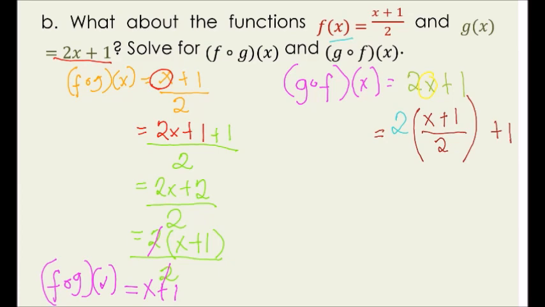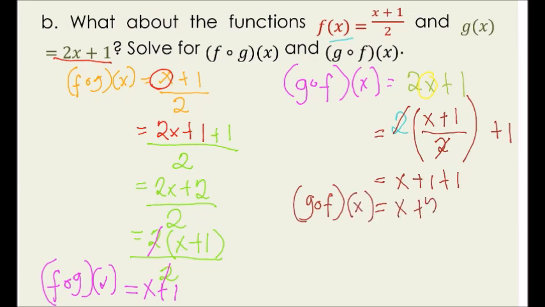Now from here we can already cancel 2, since we are multiplying. So we will have x plus 1 plus 1, so g of f is x plus 2.